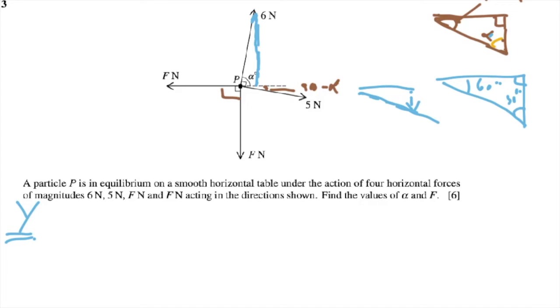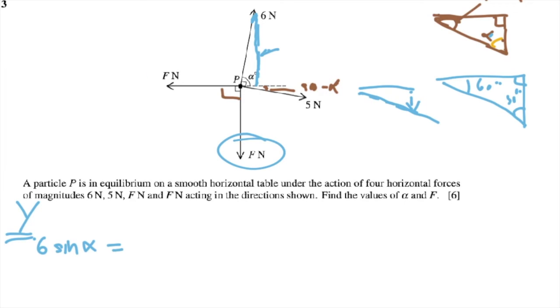The forces acting on the y-axis, when I resolve them, for 6 Newton and 5 Newton, I'm going to equate to F. So for 6 Newton, 6 times sine alpha, because it's opposite over hypotenuse. So 6 sine alpha.